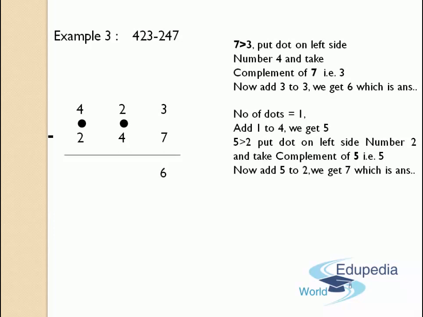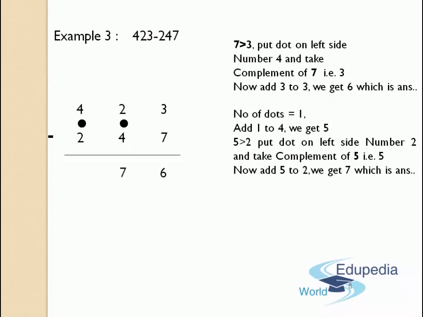This complement should be added to the top digit, that is 2. That is, the digit in the minuend place should be added to the complement of 5. When you add 5 and 2, you will get 7. And this 7 should be written in the answer's place like this.